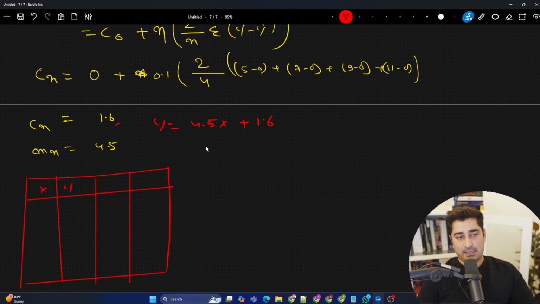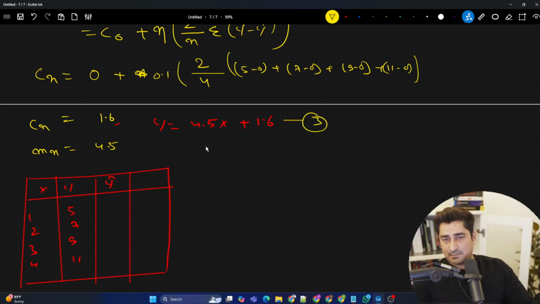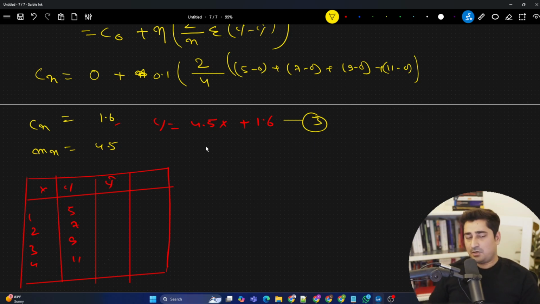So X and Y: 1, 2, 3, 4, and 5, 7, 9, 11. Now let's try to find out a Y hat with respect to this one. So give me, guys, Y hat, the prediction based on this equation. Let's suppose I'm considering equation number 3. So based on this equation, give me the value of prediction for X equal to 1, X equal to 2, X equal to 3, X equal to 4.